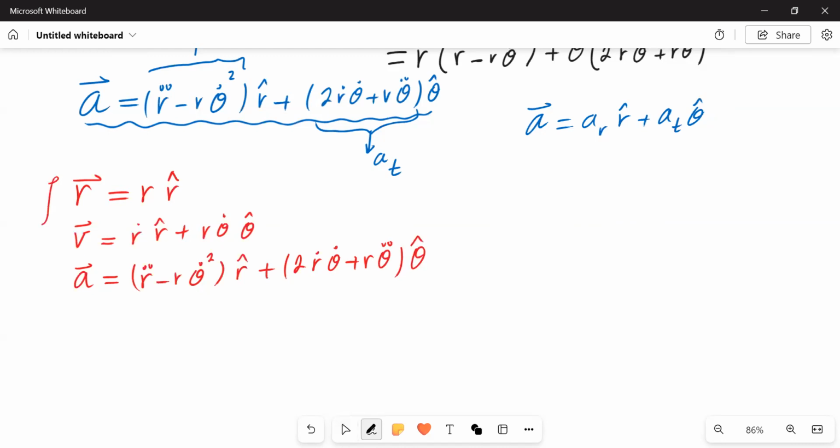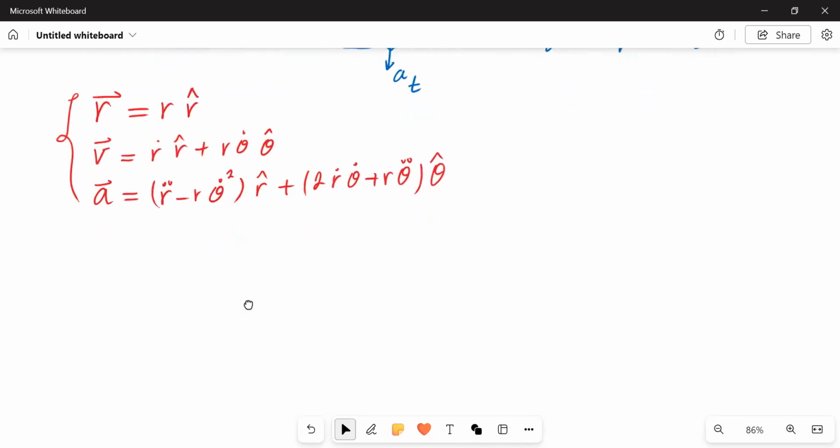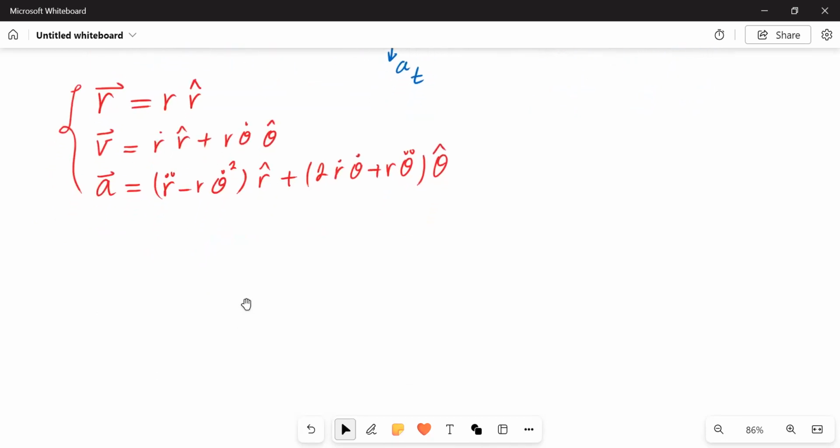Okay. Now that we've found out the forms of the position, velocity, and acceleration vectors in plane polar coordinates, we can do classical physics with them. As an example, let's say I want to find out how Newton's second law looks like in plane polar coordinates.